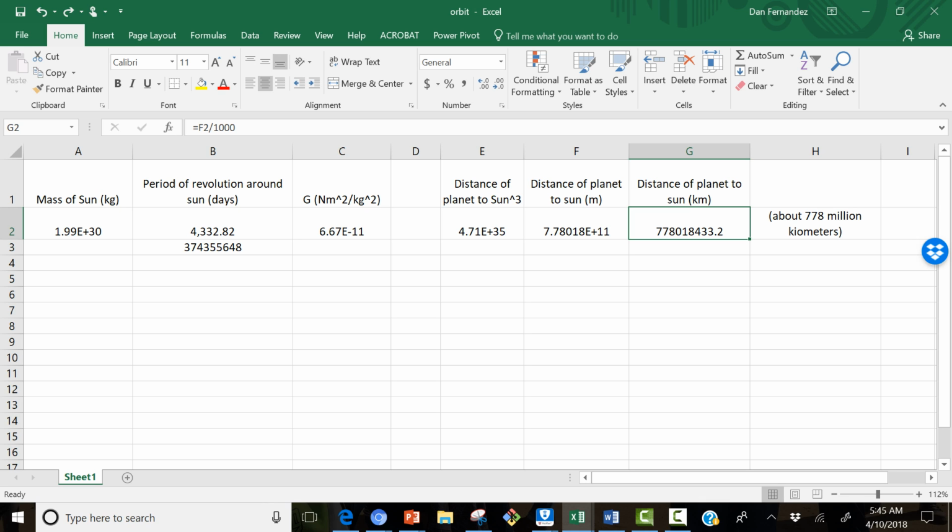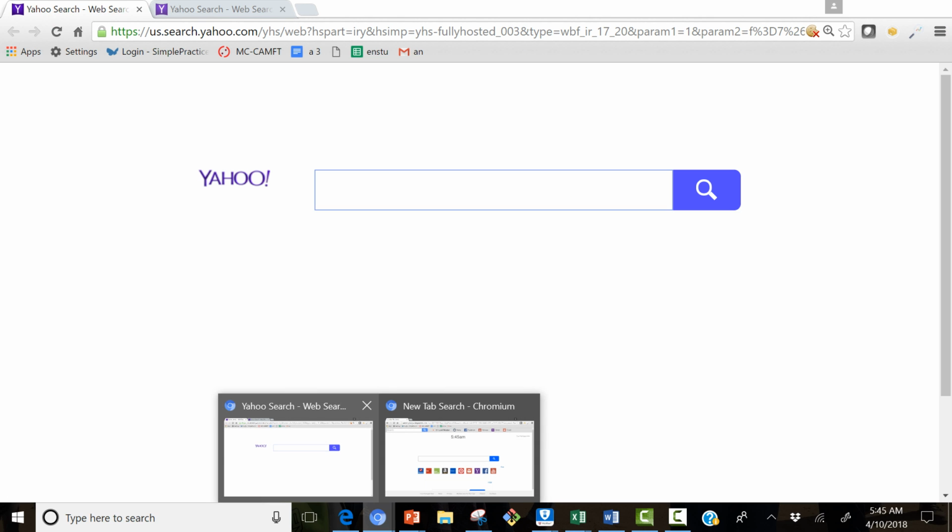For comparative purposes, I'm going to pick one more planet. I'll pick Mercury. So let's figure out whether I could do this for Mercury. I'll find the period of Mercury around the sun.